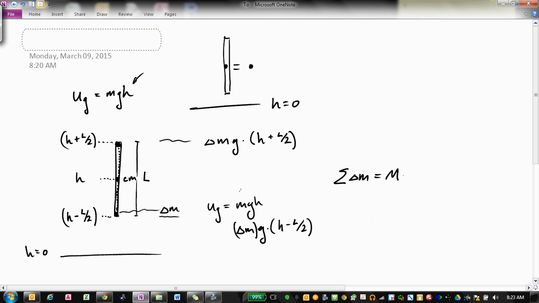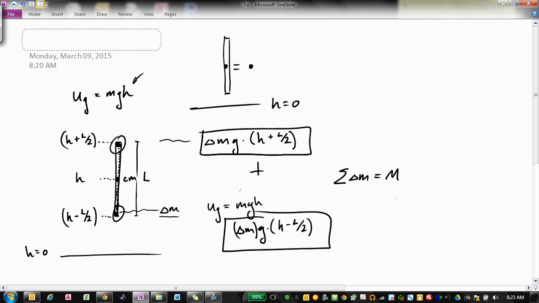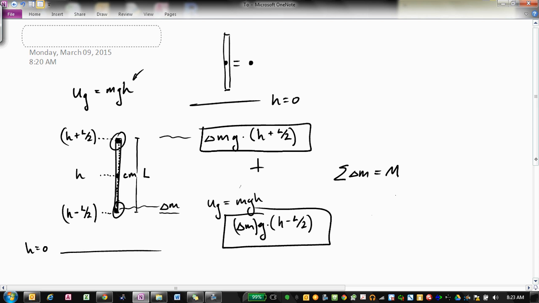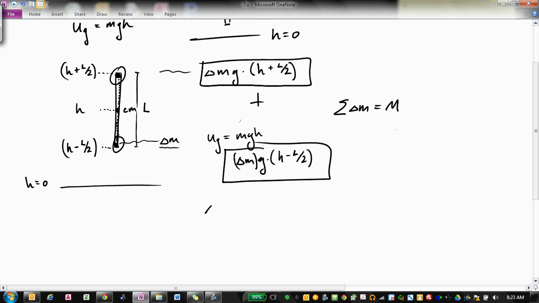And what I want you guys to see is just if we think about these two, if I add these terms together, this one and this one, what I'm going to get from just these two chunks is, I'm sorry, that's not what I'm going to get.